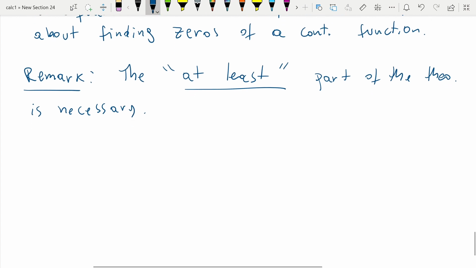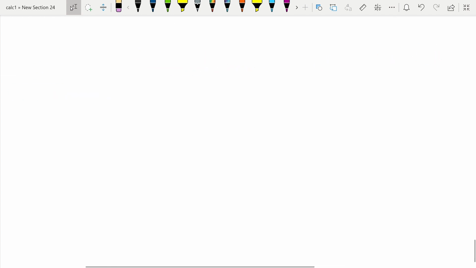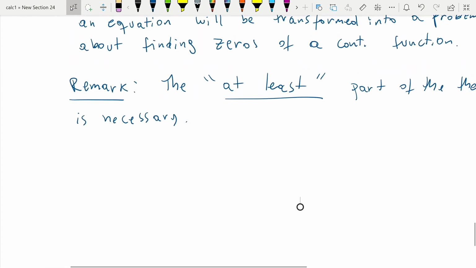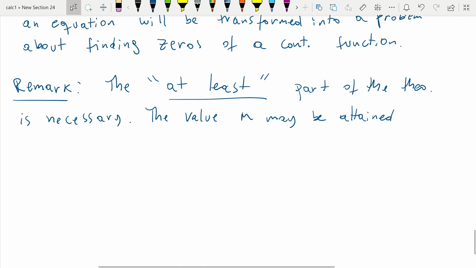So in general, the function may not attain a value just once, unless the function is injective. So the value m may be attained multiple times. The theorem just tells you there is at least one. It doesn't tell you that there's exactly one.